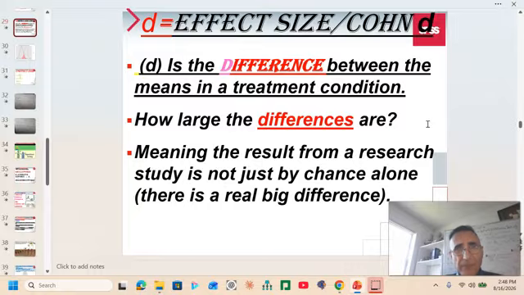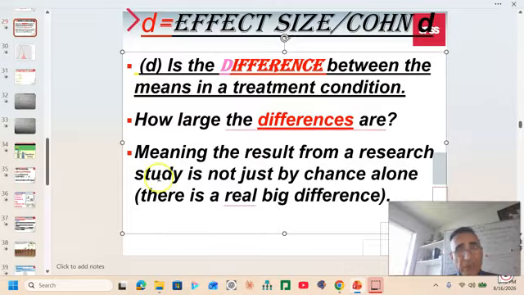Cohen's d is the effect size, which is the difference between the means in a treatment condition. We want to know how large the differences are, meaning the result from a research study is not just by chance alone. It means there is a real, big difference.